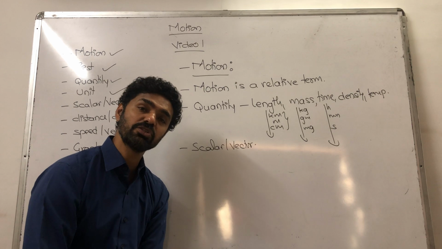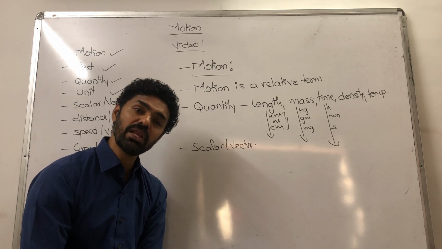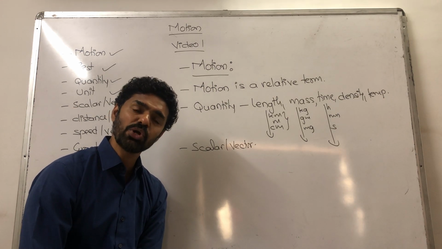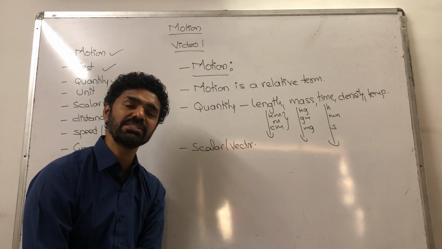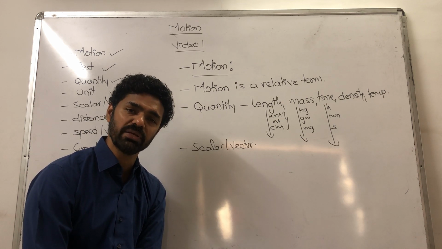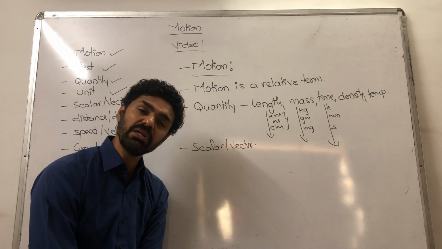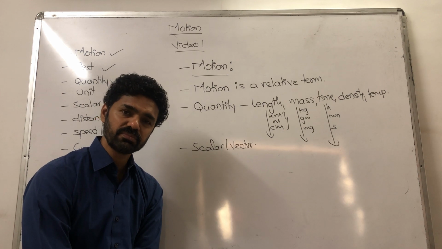It will move in the direction of the applied force. So there are some quantities which have both magnitude as well as direction. Such quantities which require both magnitude as well as direction are called vector quantities. And those quantities which require only magnitude are called scalar quantities.